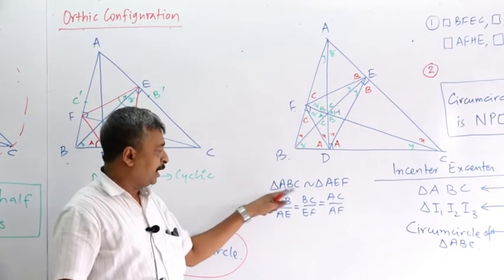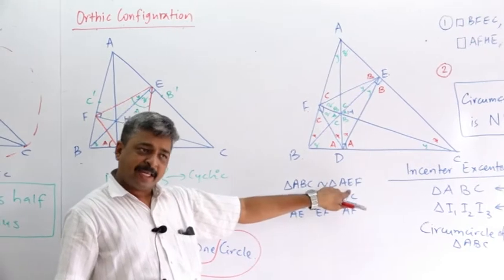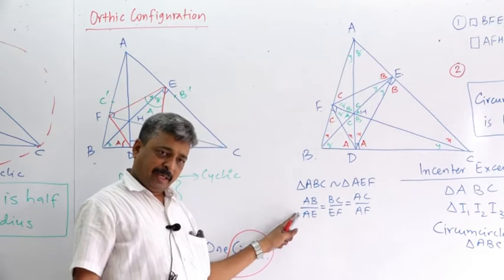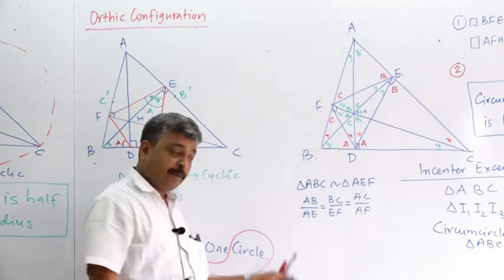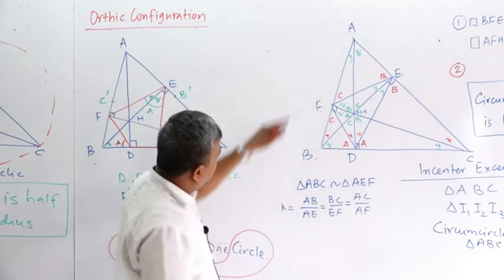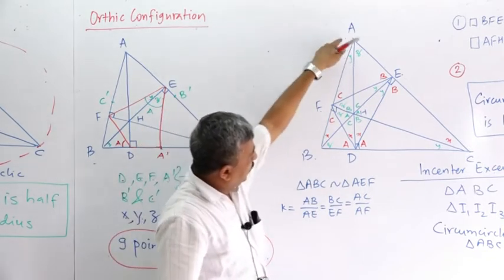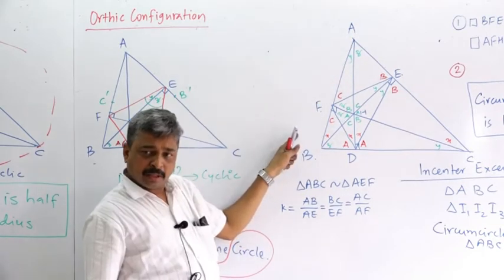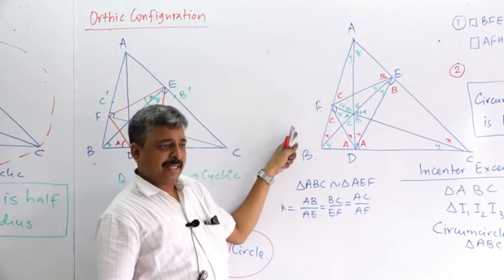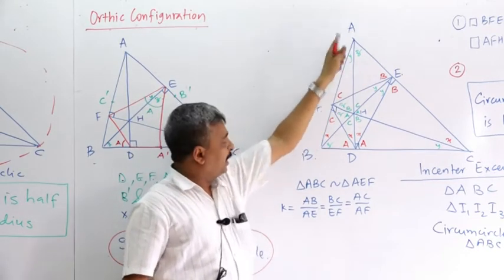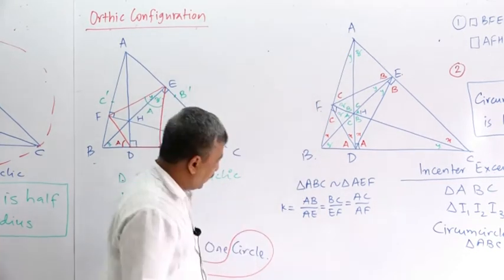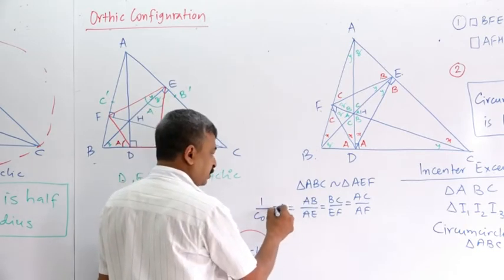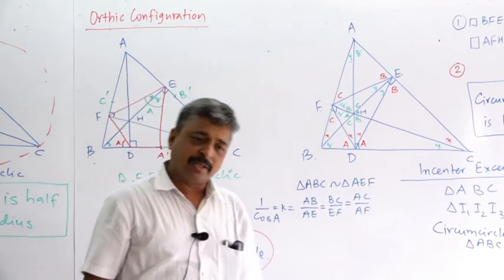Bigger triangle is ABC, smaller triangle is AEF. So the ratio of proportionality is AB upon AE, bigger upon smaller, that is K. What is AE upon AB? Cos A. Therefore, AB upon AE is 1 upon cos A. Is that right? Okay.